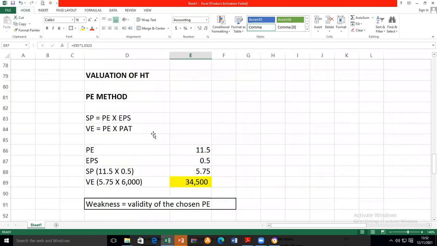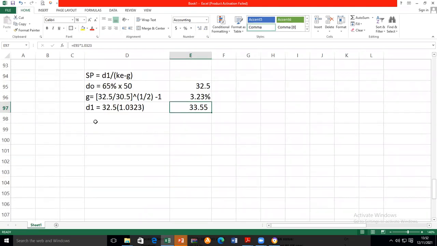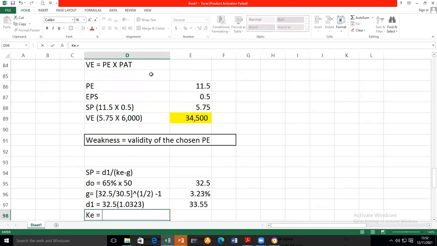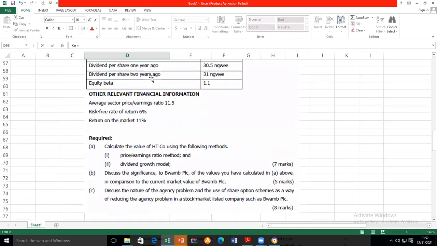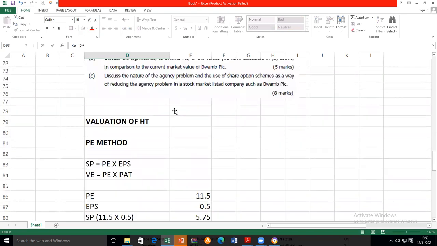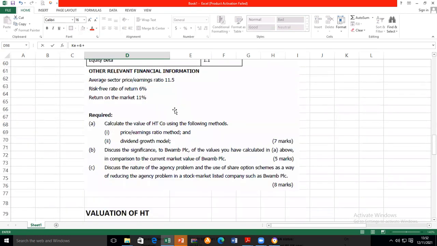What of the cost of equity? Oh, interesting one. Which model are you going to use? CAPM. Yes. What's the beta factor?